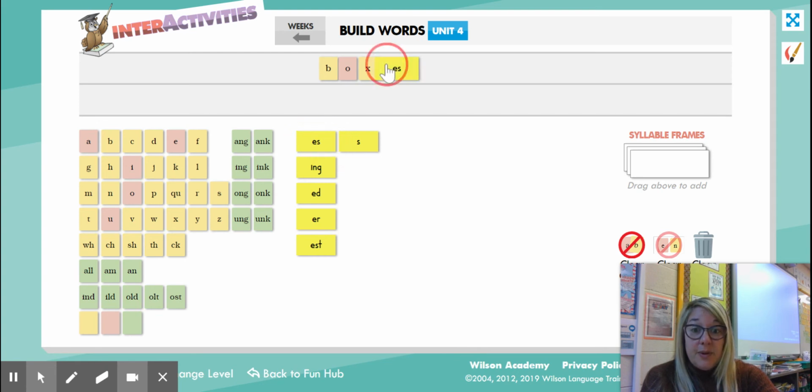Instead of adding an S to make it plural, you add an ES suffix. ES says iz. So the base word is box, and the suffix es says iz. So when we say the word, we say boxes.